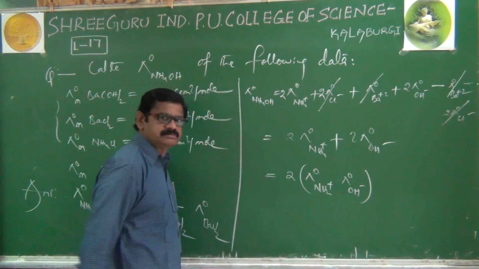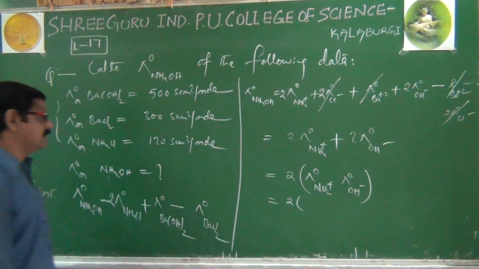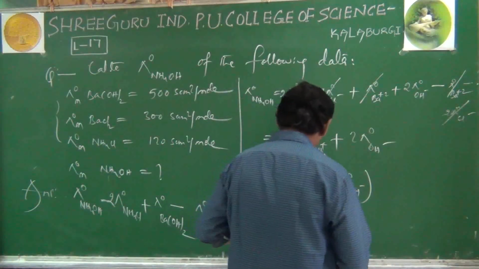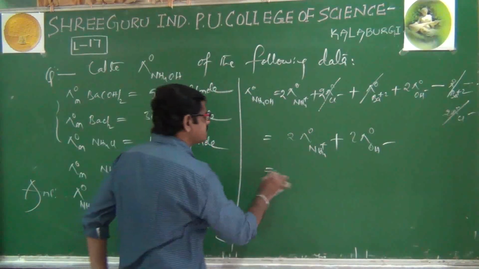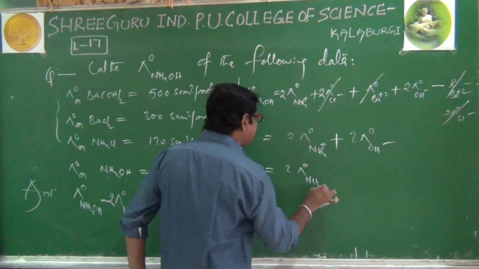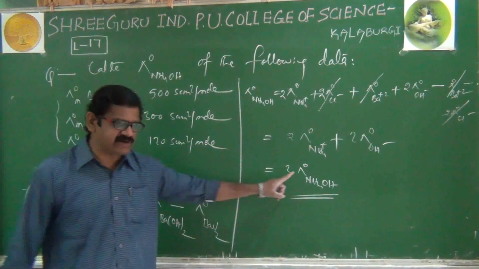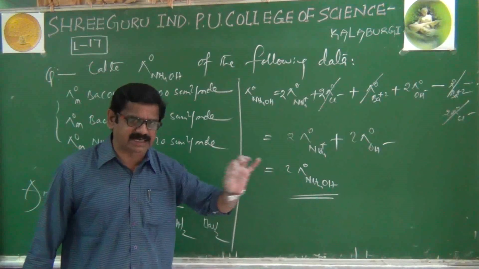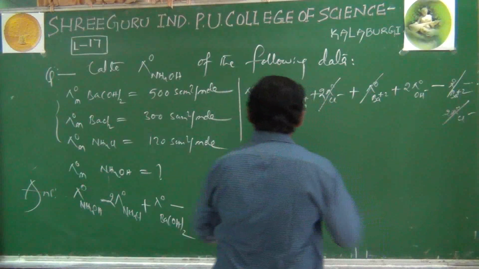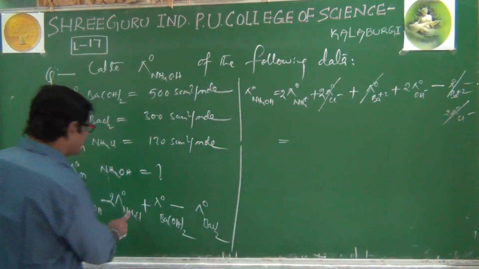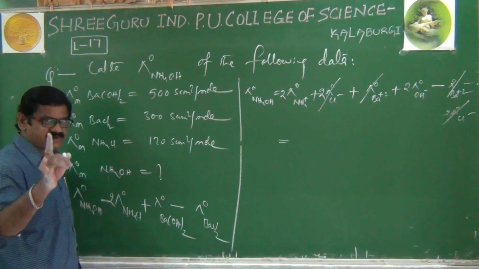Anyhow, 2 moles of ammonium hydroxide limiting molar conductance value is obtained. Let's calculate first. I will substitute all these values, and you will get the limiting molar conductance for 2 moles.